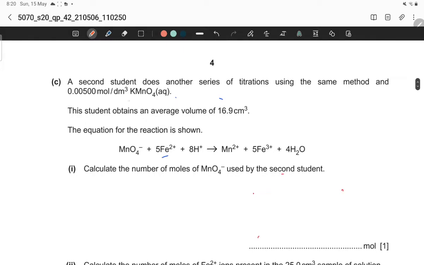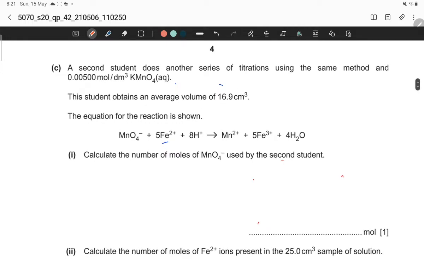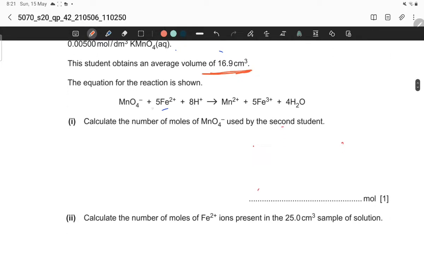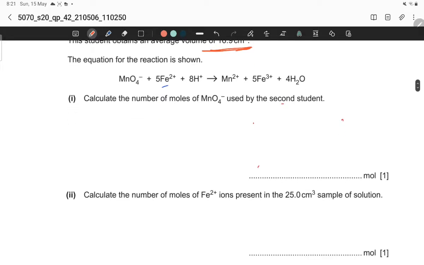A second student does another series of titrations using the same method and 0.00500 mol per dm cube. The average volume by this second student is 16.9 cm cube. The equation for the reaction is shown. Calculate the number of moles of manganate ions used by the second student.